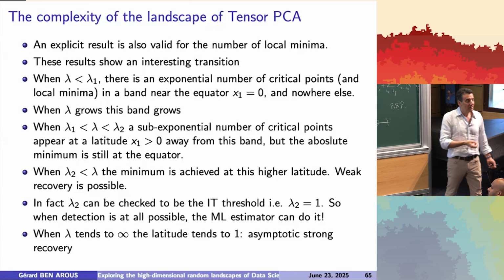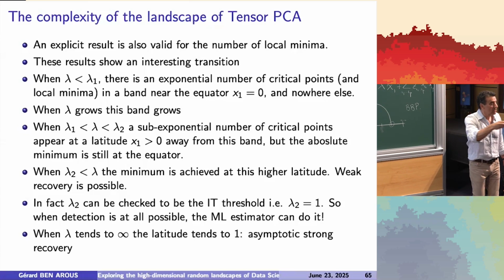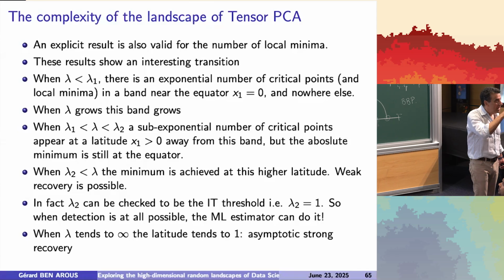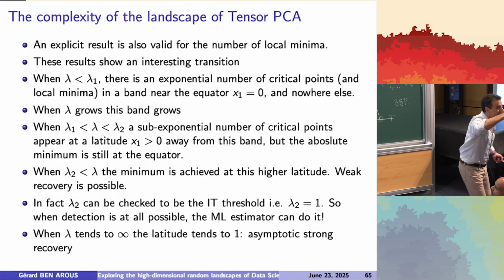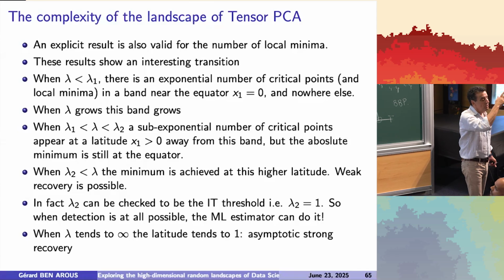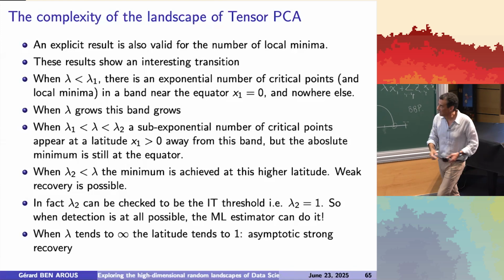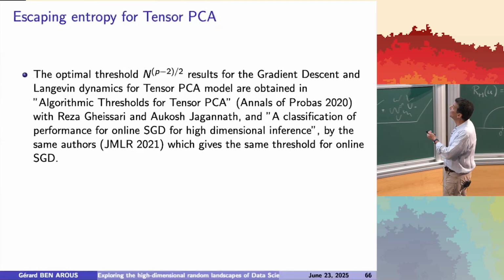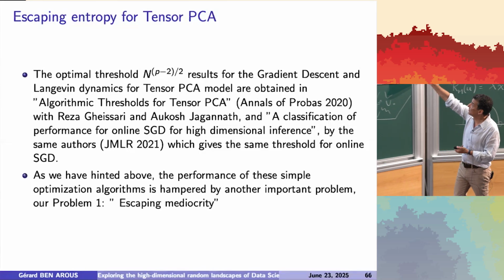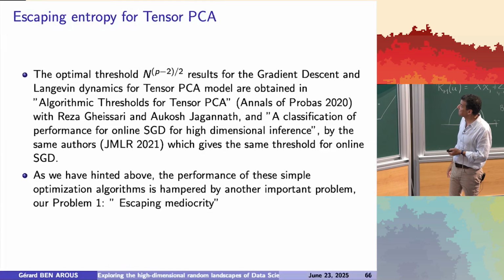So in fact, what you're saying is that there may be a secondary IT threshold, like the way this limit goes to 0 may depend on n in a different way. You're right. Okay, so the optimal threshold for this has been obtained in this thing.